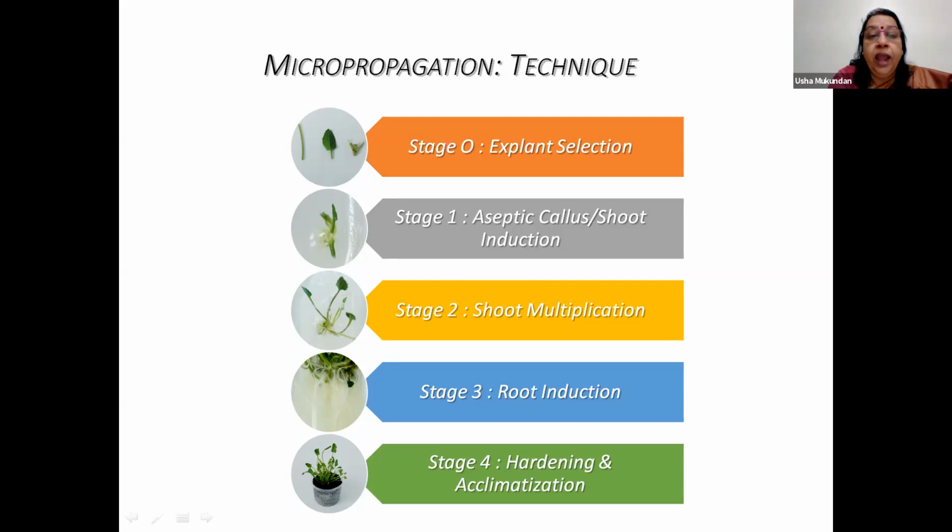It should not be diseased. It should have the desired qualities which you are looking for in the plant. Very often, if you have seeds, they become a very good starting material for making your own explants which are aseptic.